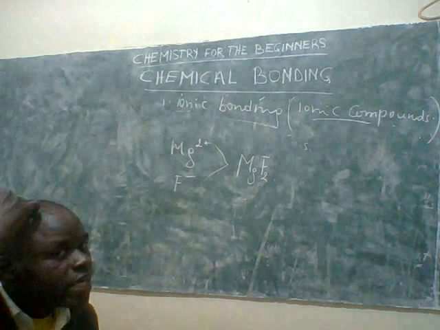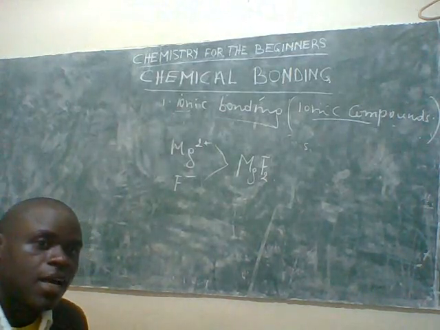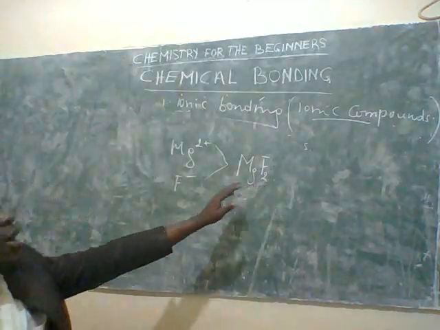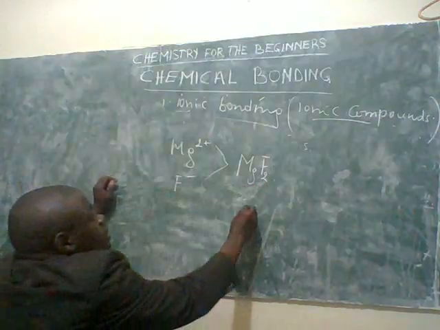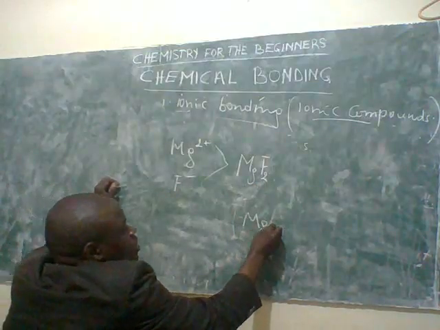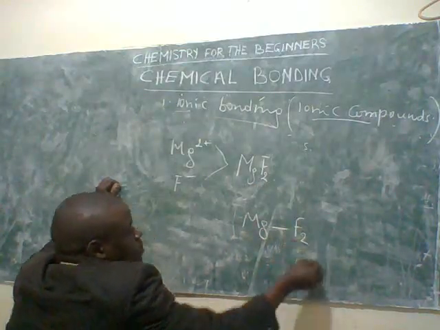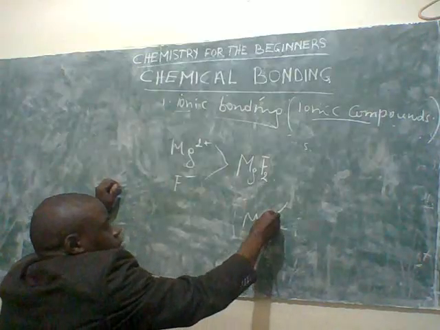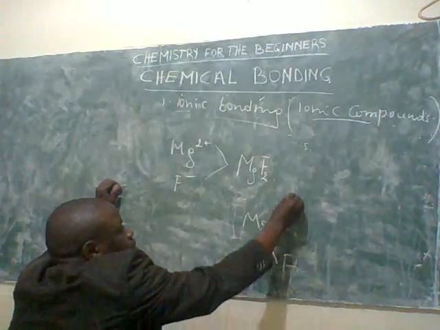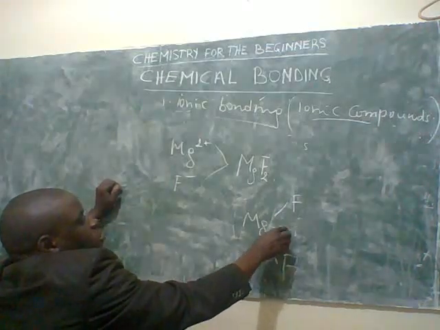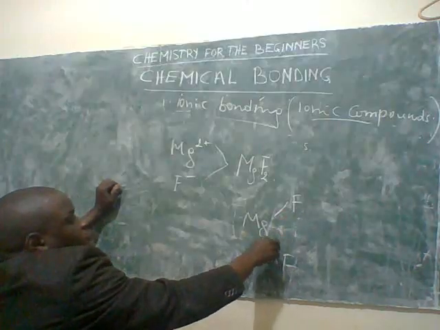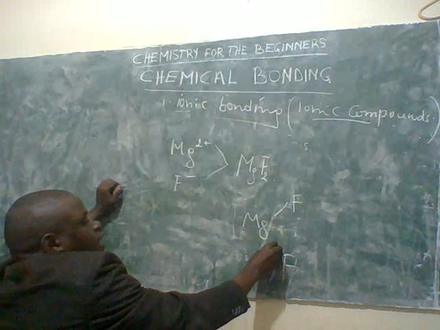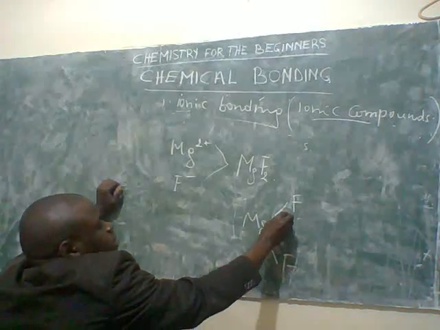So magnesium fluoride, for now, you can say it is an ionic compound. You can say that the bond between the magnesium ion and the fluoride ion, we can call it ionic bonding.